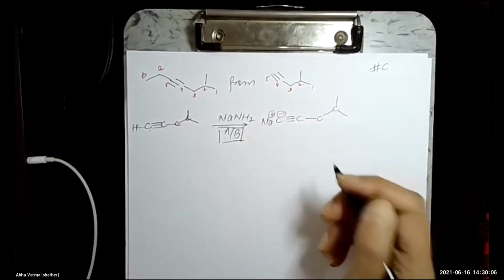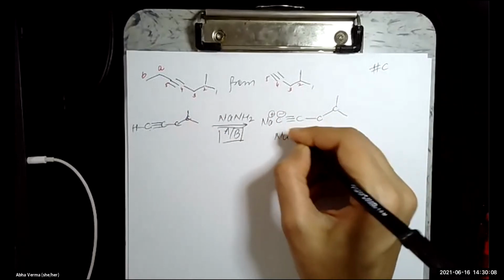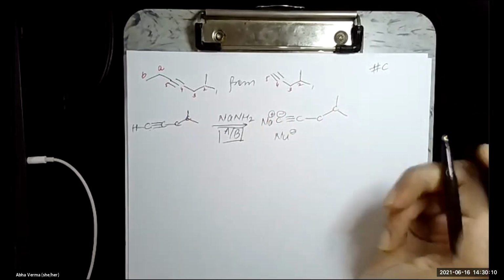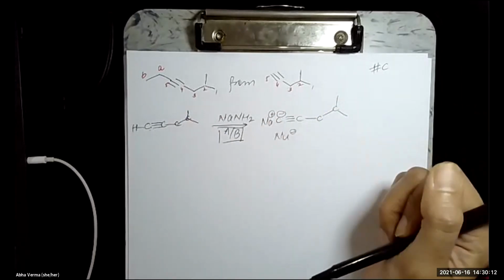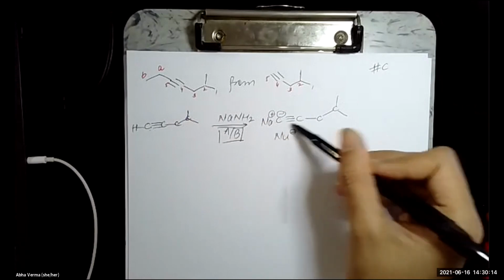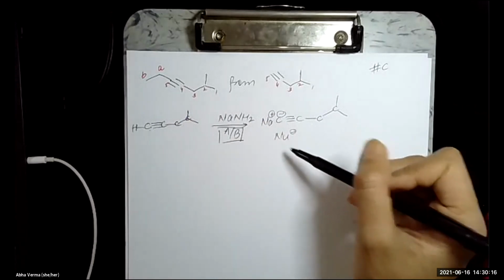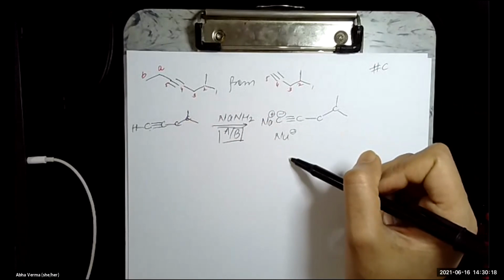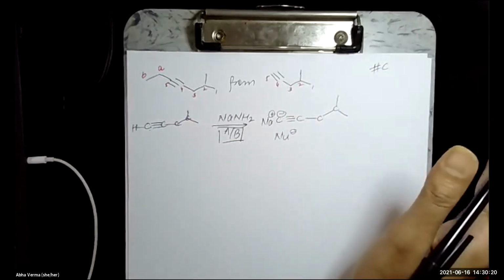Now what do I have here? I have a nucleophile. Remember, this is a weak base also. It's a stabilized conjugate base. It is just a nucleophile. It is not a base.